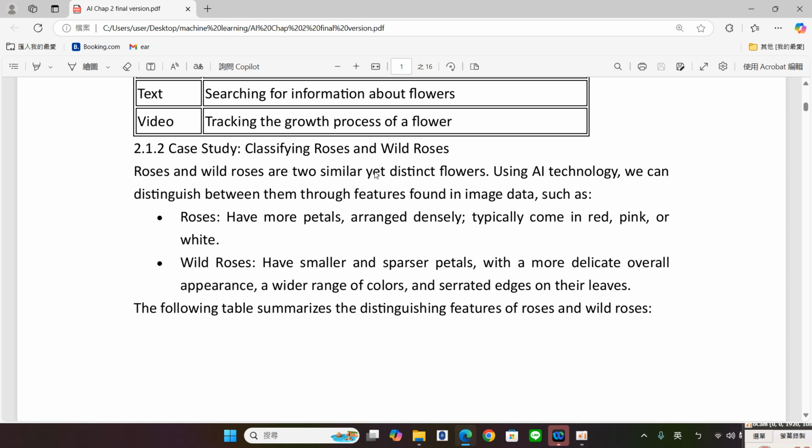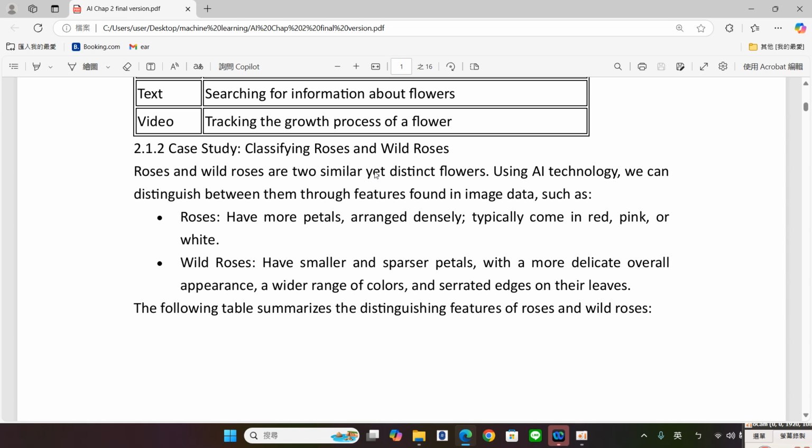2.1.2 Case Study: Classifying Roses and Wild Roses. Roses and wild roses are two similar yet distinct flowers. Using AI technology, we can distinguish between them through features found in image data. Roses have more petals arranged densely, and typically come in red, pink, or white.